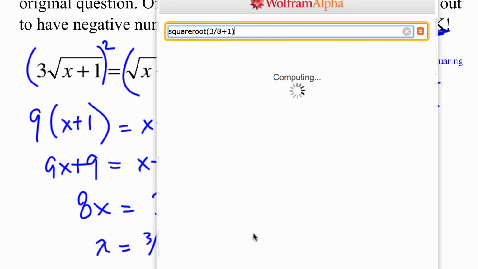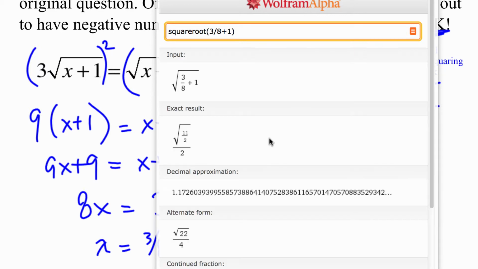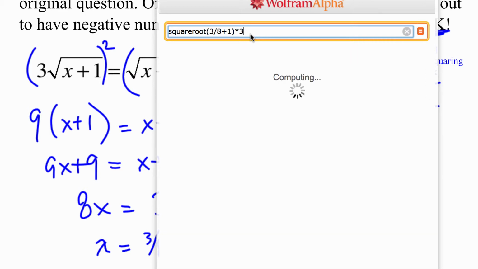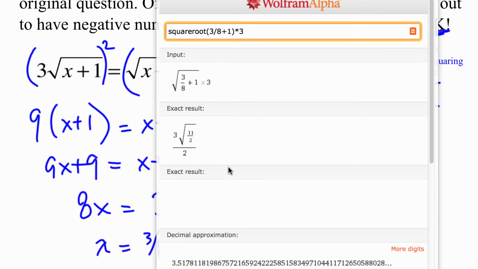Computing. Okay, good. The decimal is 1.17. And now let's times this by, there was a 3 out front, right? Okay, so I'm getting about 3.5.